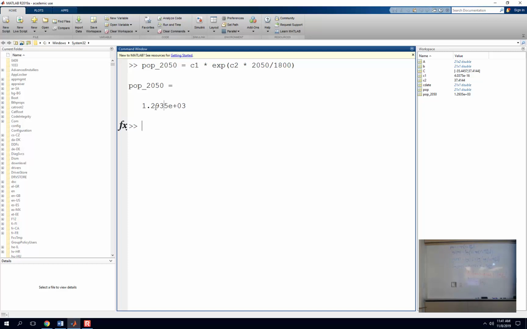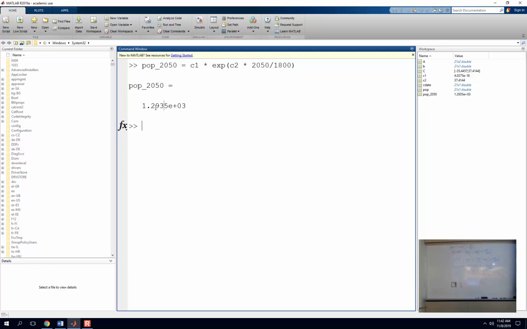So what are the other models? Polynomial of degree 1 is a model, which means A times X plus B. So population is equal to C1 times date plus C2. That's 1 model.